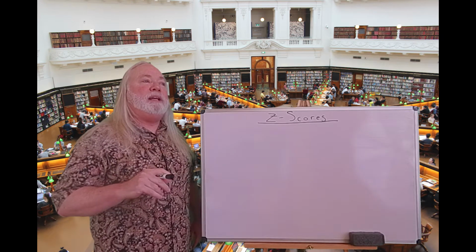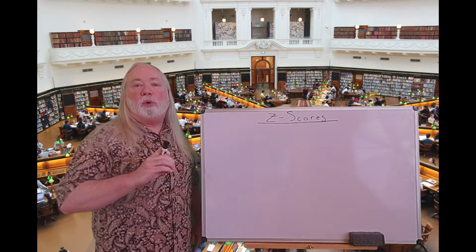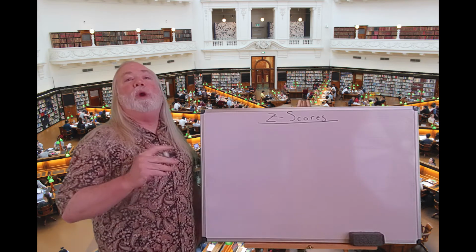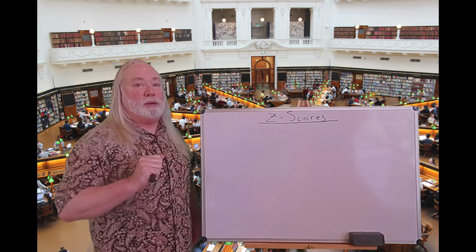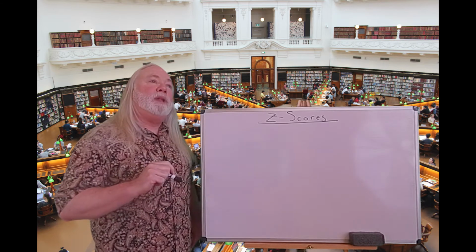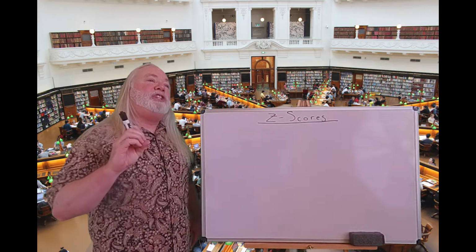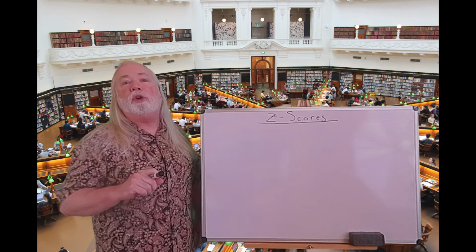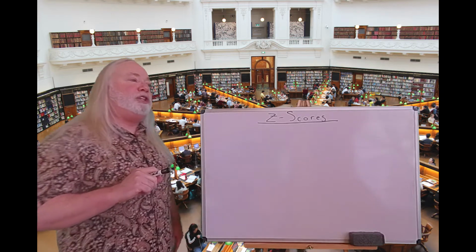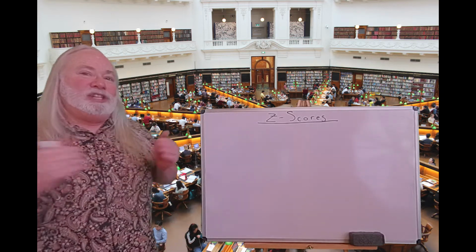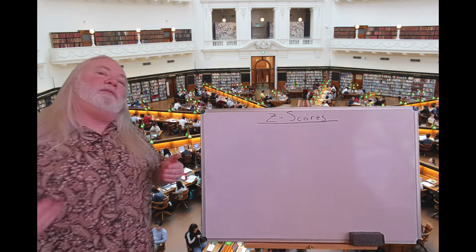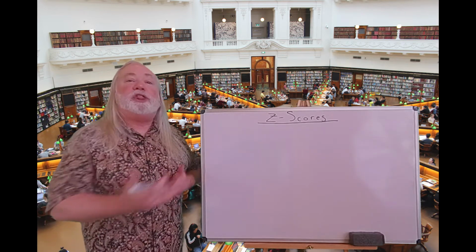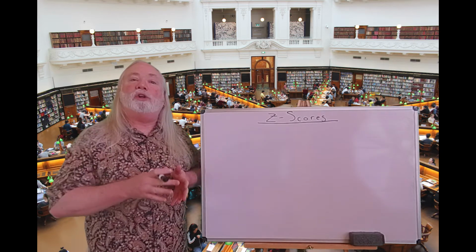And so what it really means is that we're going to take our raw scores and convert them into a set of scores where we know what the mean and standard deviation will be. It's a transformation. But it's not really about changing the data, it's just changing the scale we're using to measure things. If you measured something in inches and then later decided you wanted to convert it to centimeters, you would do a little mathematical conversion, but the thing you've measured isn't going to end up longer or shorter.